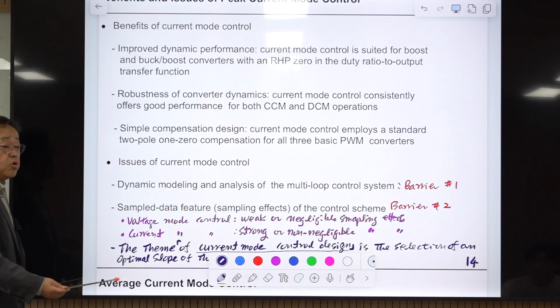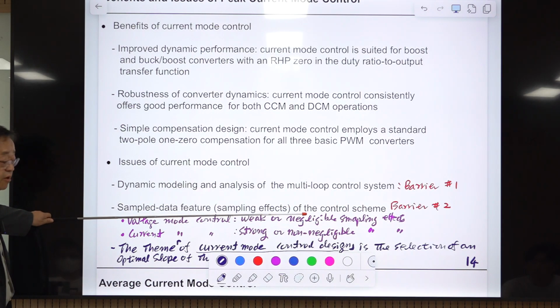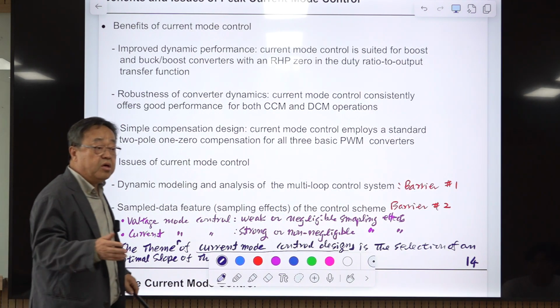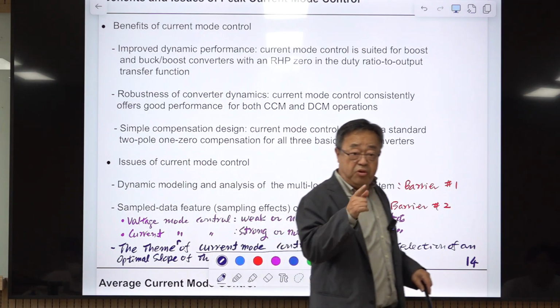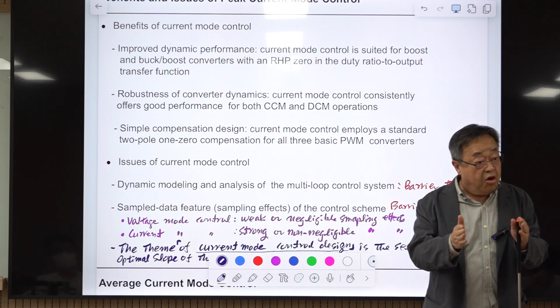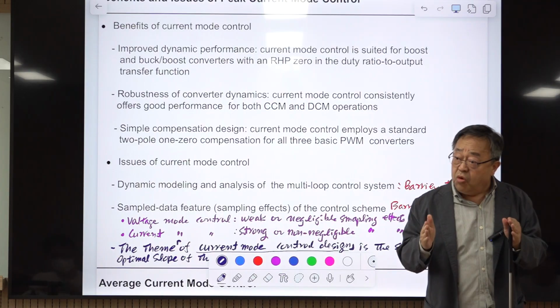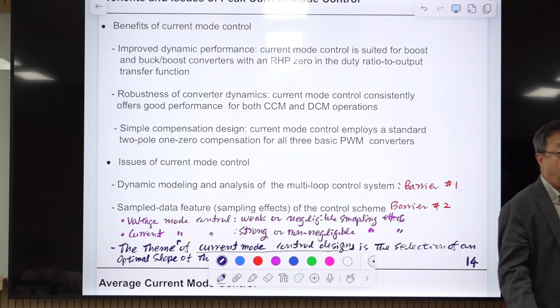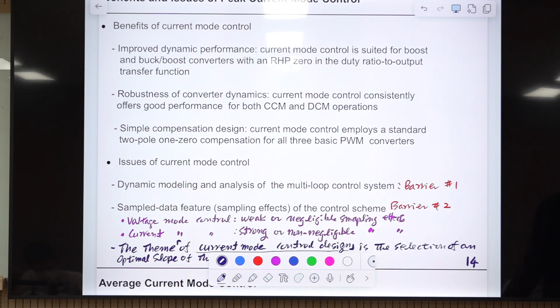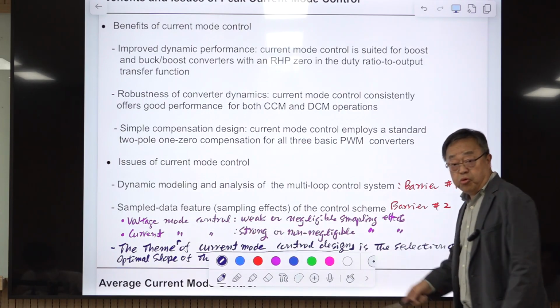Another, more serious problem is that current mode control has a sampled data feature. The PWM converter is basically a sampled system because the duty ratio is only updated once in every switching period. In the exact sense, all PWM converters are discrete time and sampled data systems, but there is a big difference between current mode control and voltage mode control.